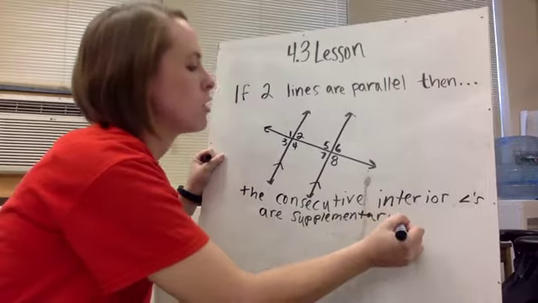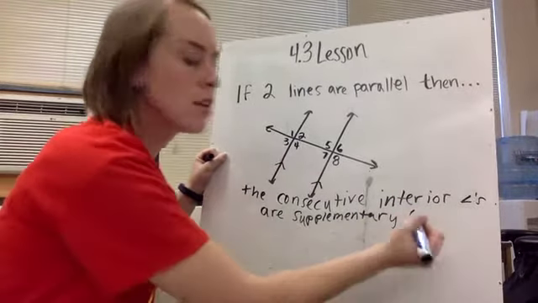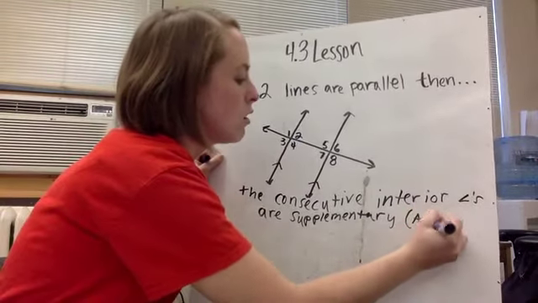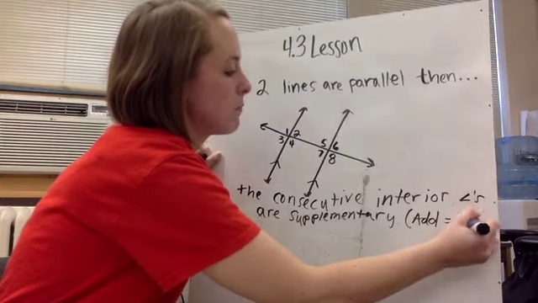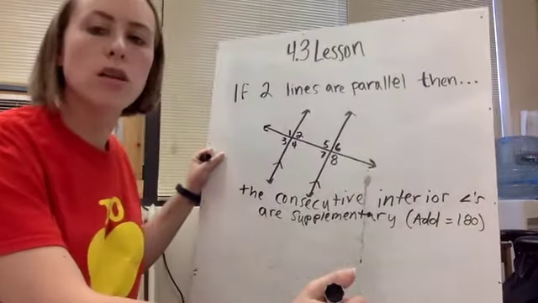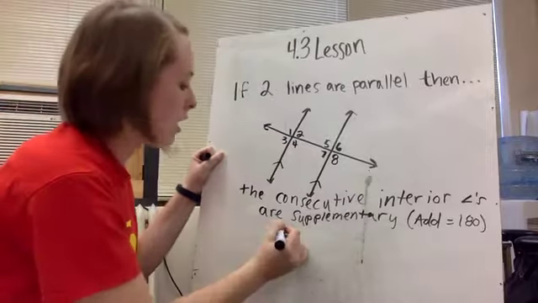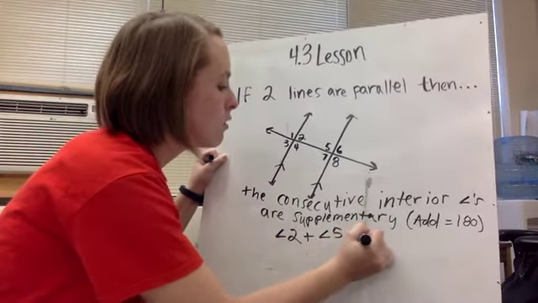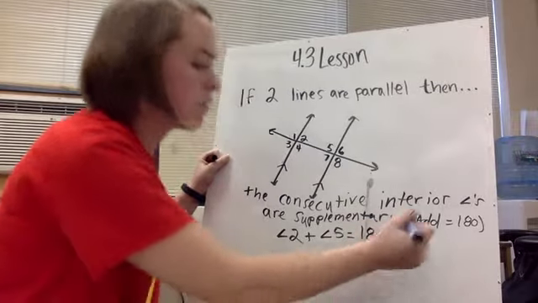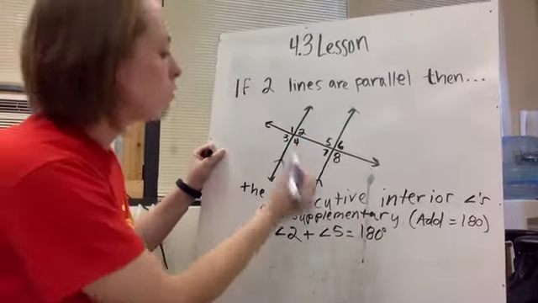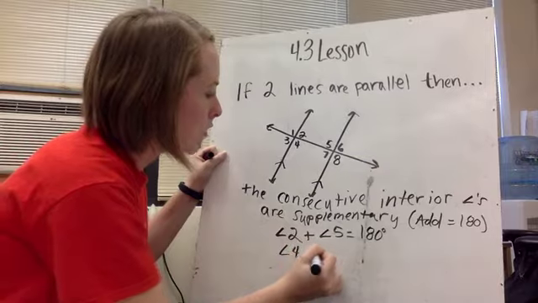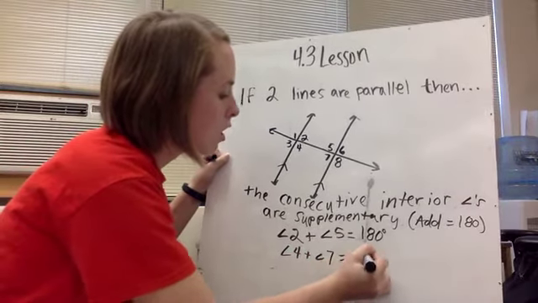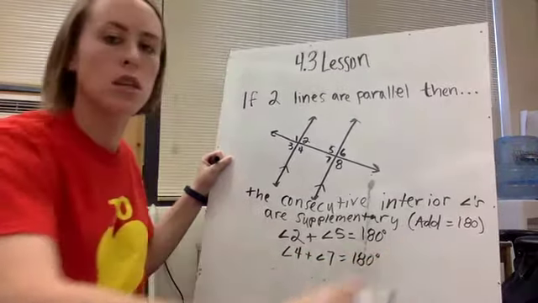Remember, supplementary means you add them to equal 180. So we're going to use this to say that angle 2 plus angle 5 equals 180 degrees. And also angle 4 plus angle 7 is going to equal 180 degrees.